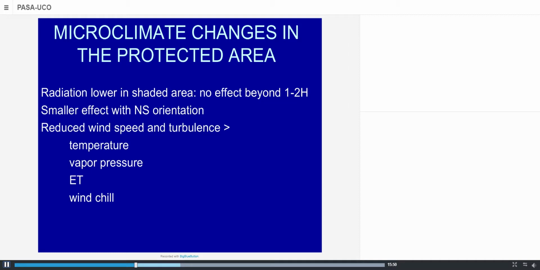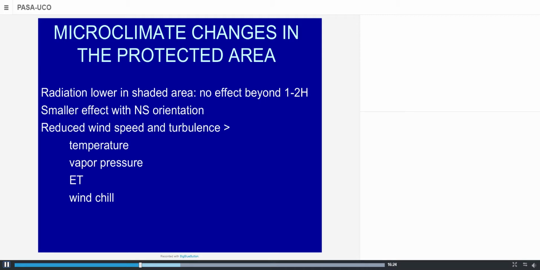The main effects of windbreaks on the microclimate of the protected area are related to radiation and temperature and humidity. Of course, the windbreak can intercept part of the radiation, so we will have lower radiation in the shaded areas. Usually, that is not an important effect beyond 1 to 2 heights of the windbreak.